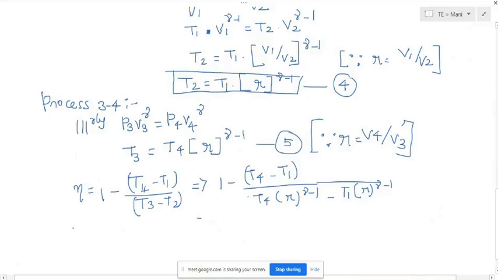Okay, then again 1 minus, you can use the same thing, T4 divided by T1.